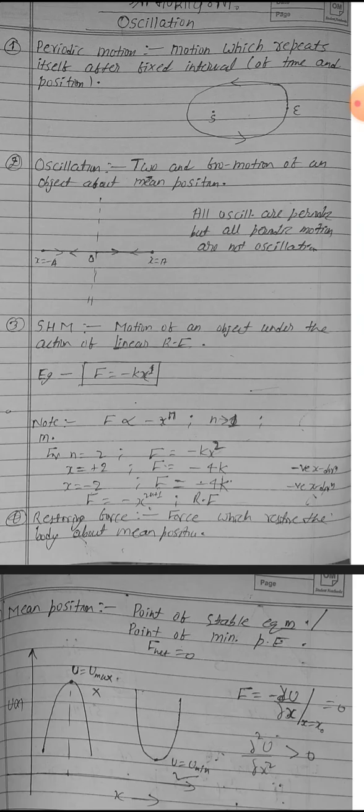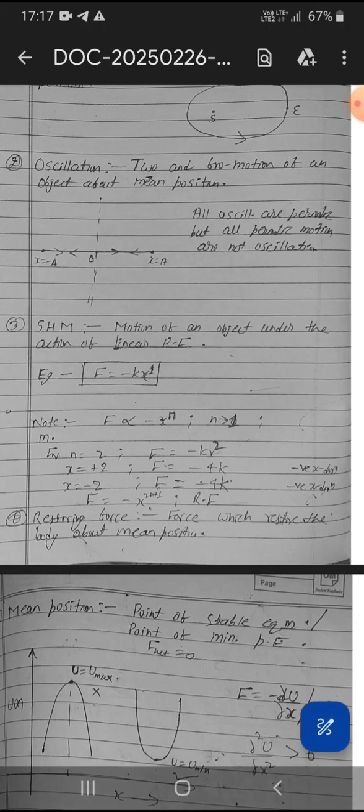So, all oscillatory motions are periodic, because if you have seen an oscillating pendulum, then you must have seen that the bob of the pendulum repeats its position after a fixed interval of time.